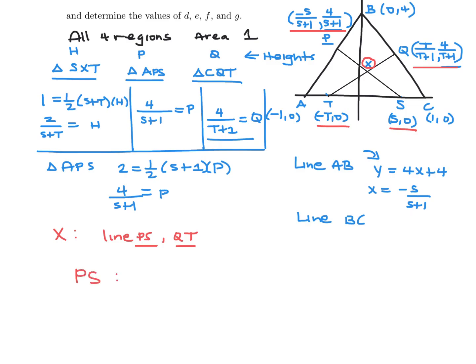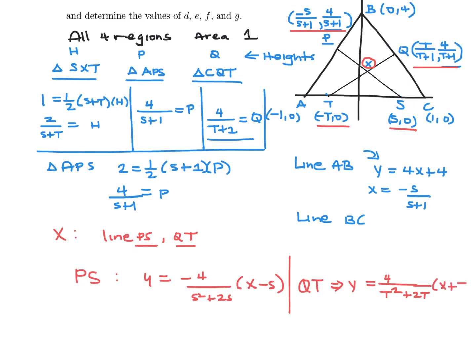When you do that, you'd get the following lines. PS, I'll let you guys do that. I'm sure you can figure out the equation of a line. PS would be y is equal to minus 4 over s squared plus 2s times x minus s. And the equation QT is y is equal to 4 over t squared plus 2t times x plus t. So those are the two equations.